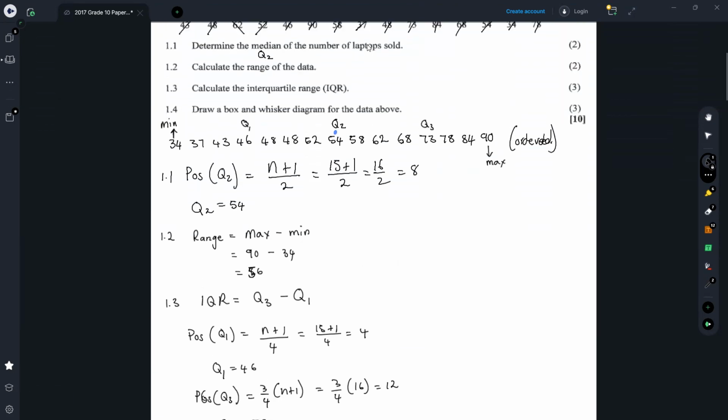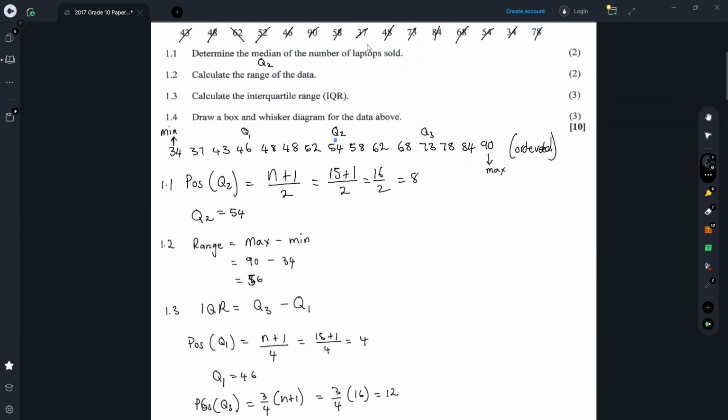Okay. Now let's look at the data again. So before we can even draw the box and the whiskers, we need to establish a good scale, right? We need to establish a good scale first. And then afterwards, from that scale, that's where we can start drawing.